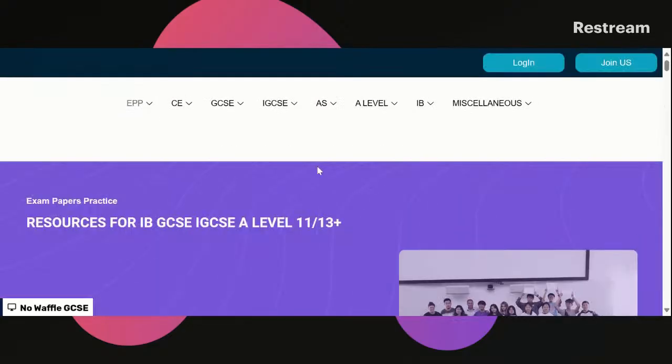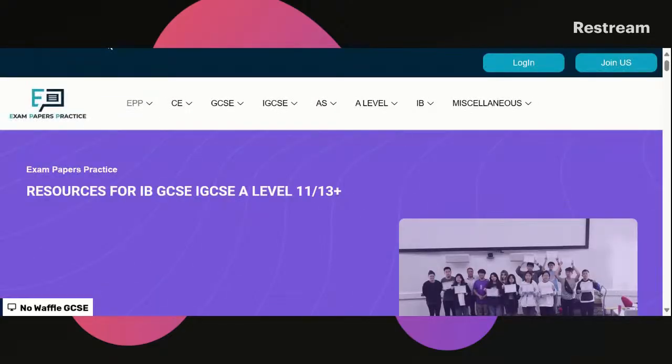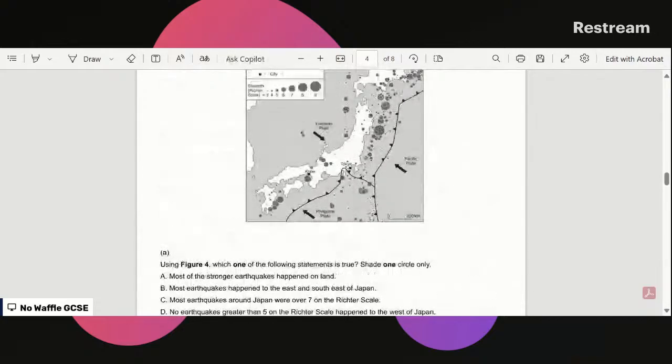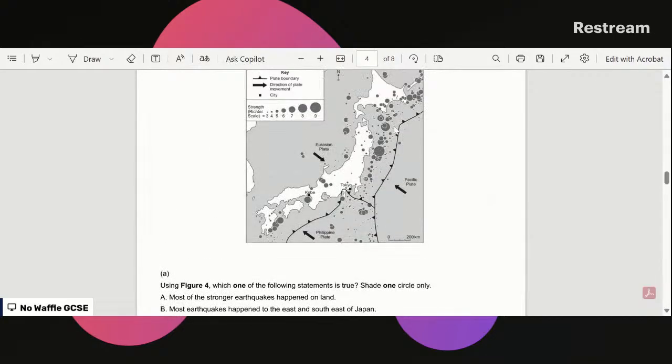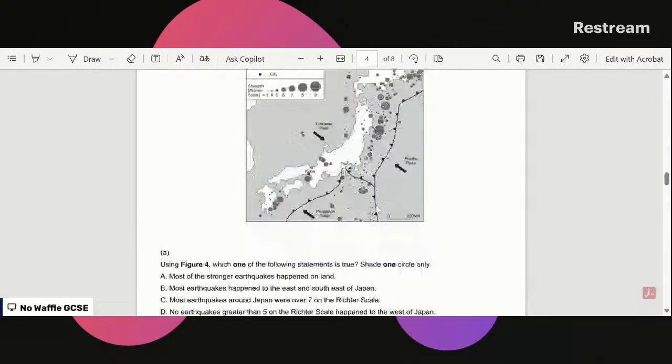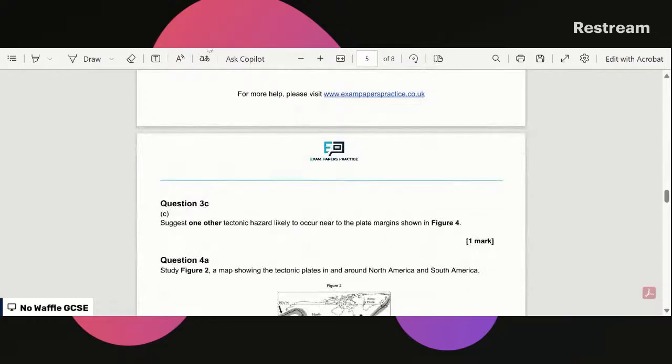Going back to that. The Pacific and the Eurasian, what type of plate boundary is that? Well, you can see by the arrow, the Eurasian plate is being pointed this way, the Pacific is being pointed that way. Since they're coming at each other, that means they're colliding, and therefore it's going to be destructive, or another word for it is convergent.